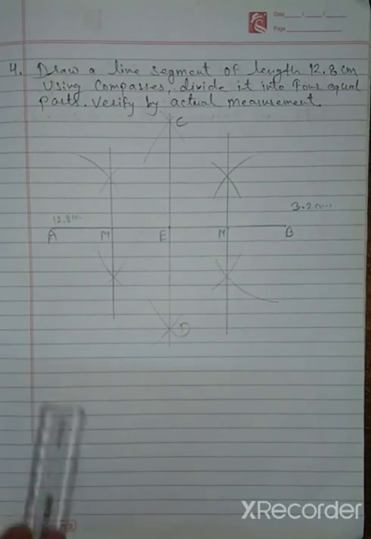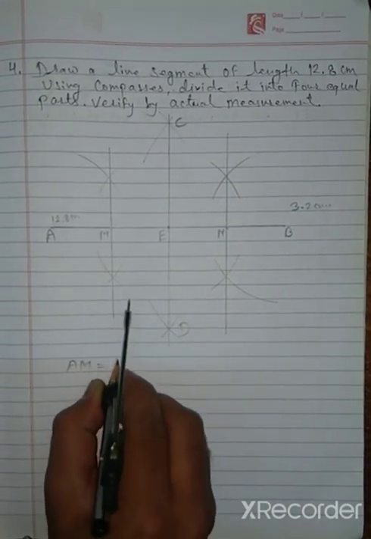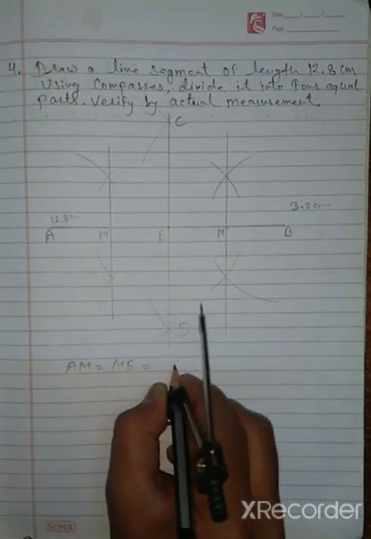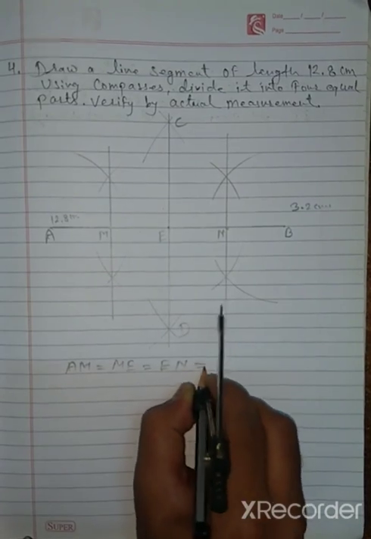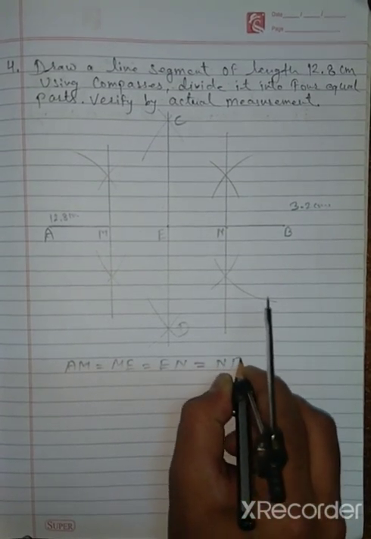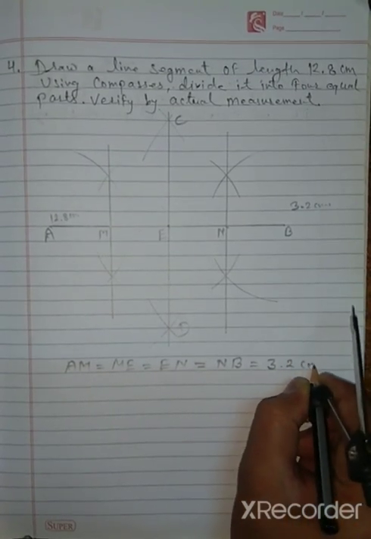So here we can say AM is equal to ME is equal to EN is equal to NB. All are equal, 3.2 centimeter.